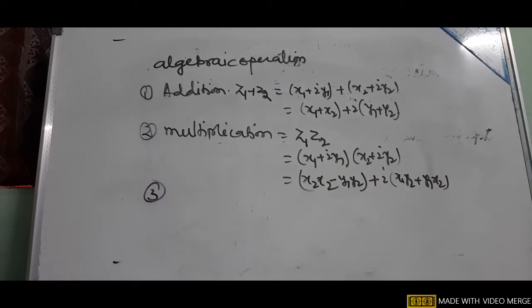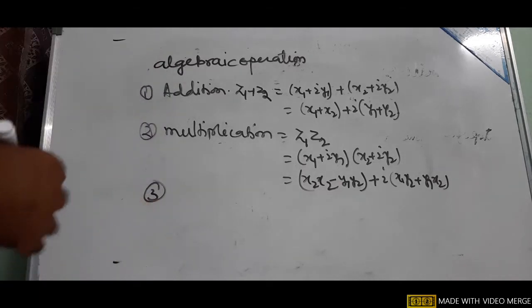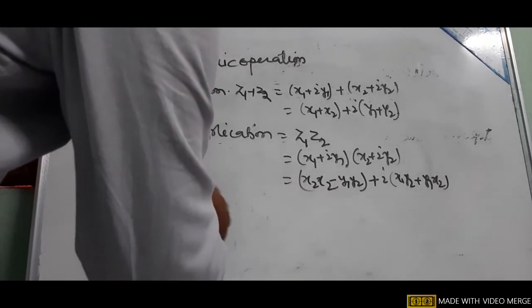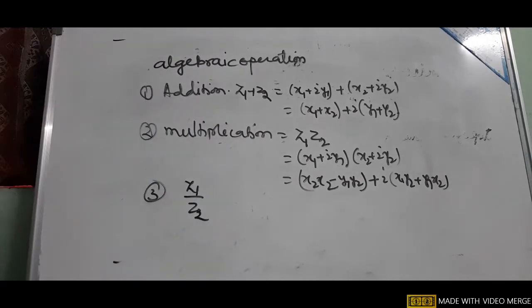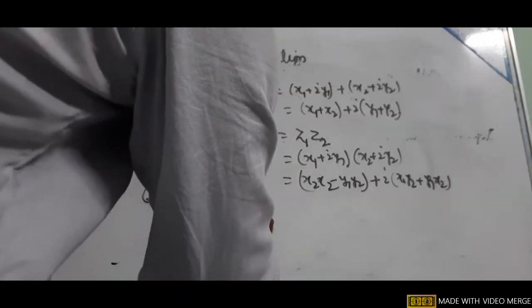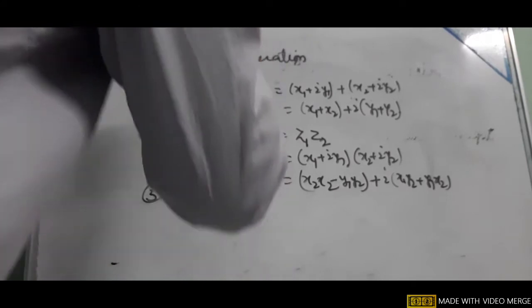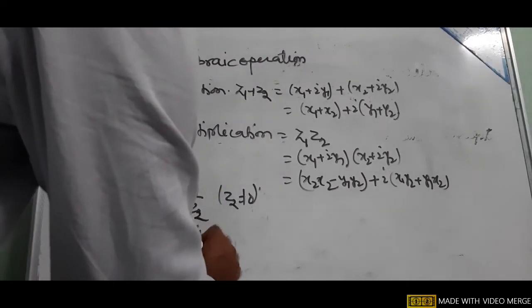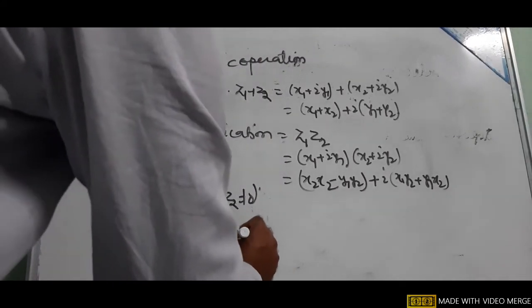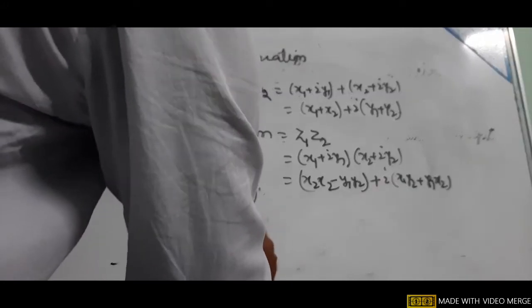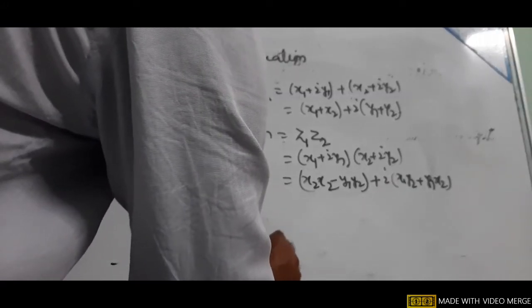In the division, if we have z1 by z2, two complex numbers, where z2 is not equal to 0, then z1 by z2 is x1 plus iy1 by x2 plus iy2.